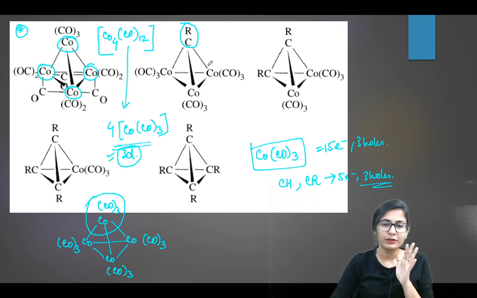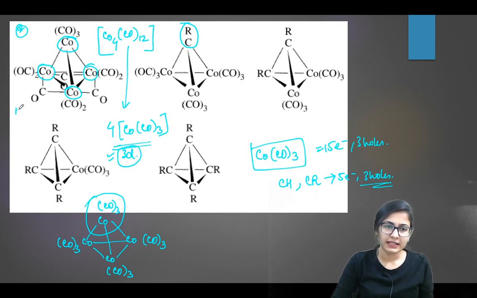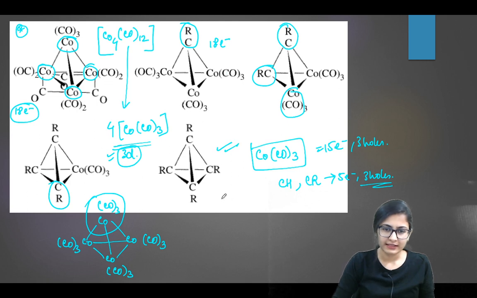This is how you see the application of the isolobal concept. This complex still follows the 18 electron rule. This cluster over here still follows the 18 electron rule. If we are replacing two of the cobalt fragments, it is still going to follow the 18 electron rule, and then if you keep on replacing all of them, finally you have a molecule like this, it is still an 18 electron system.